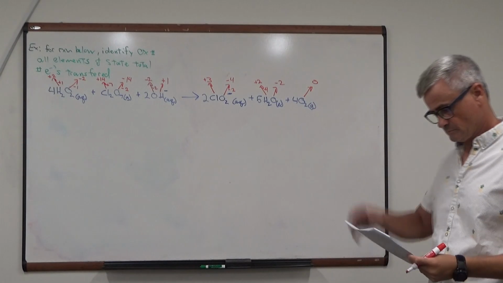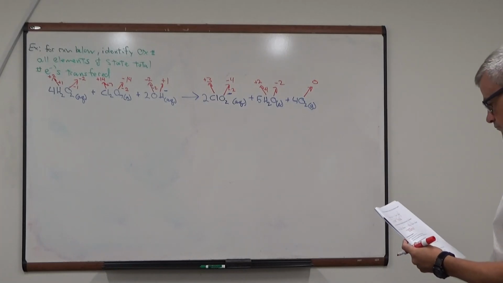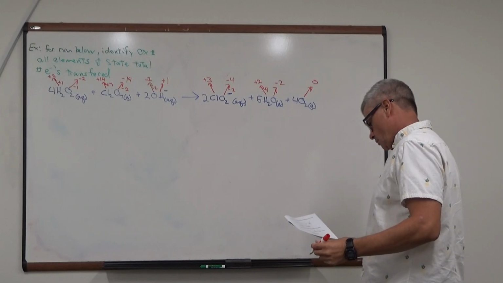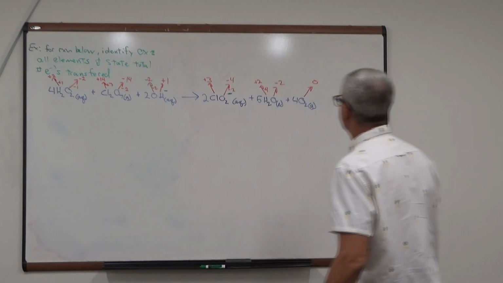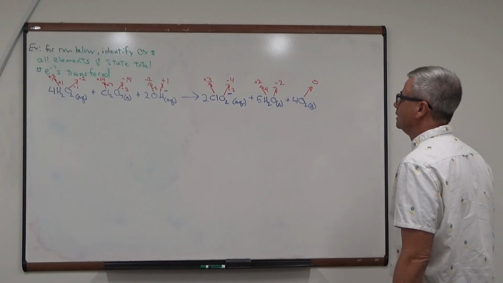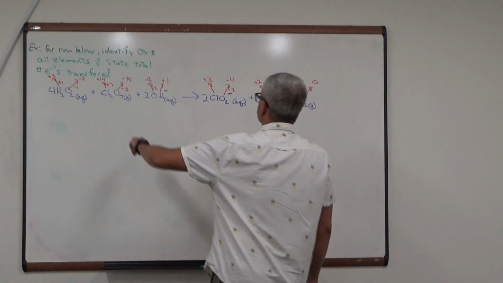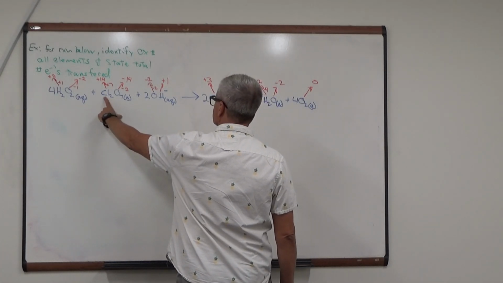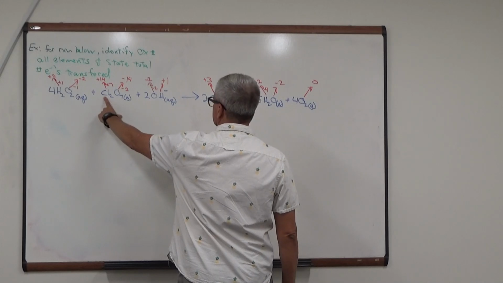Okay. All right, so what got oxidized and what got reduced? If we look here, we see that the chlorine changed its oxidation number. It became less positive. Okay, so it accepted electrons.